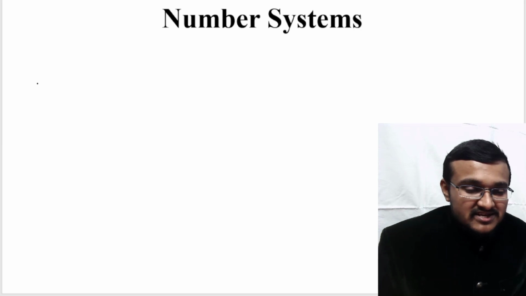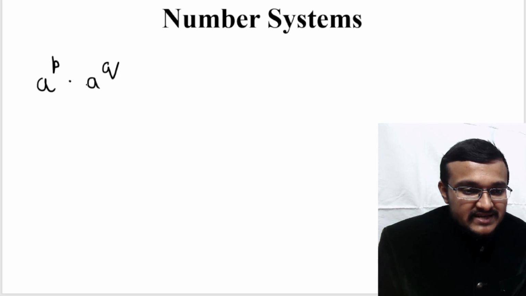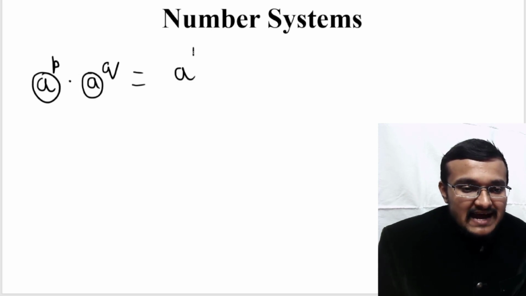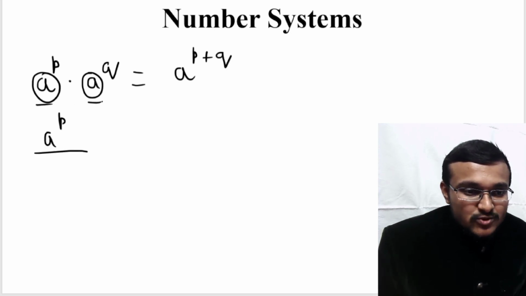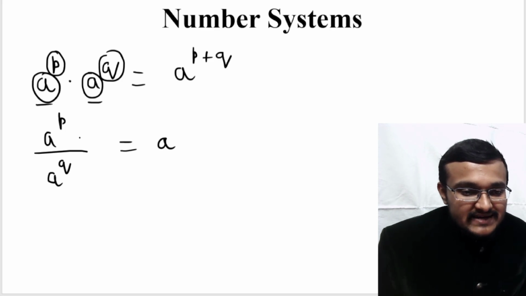So we can generalize the exponent laws for this also. a power p into a power q: if the base is same, then you can straight away add the powers, so that is p plus q. Similarly, this a is known as the base and this power position is known as the exponent. So a power p divided by a power q, you can write as a power p minus q.